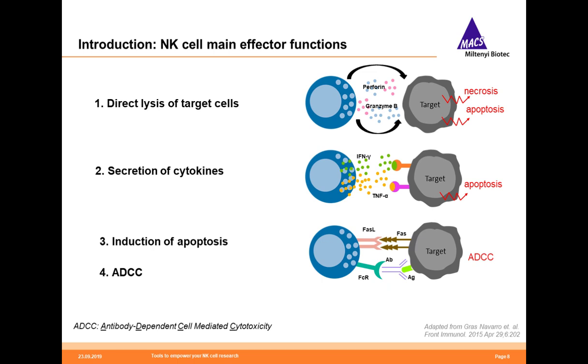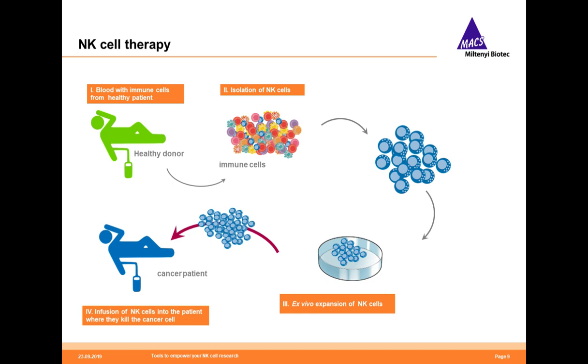In addition, NK cells are able to recognize antibodies that are already bound to target cells in a mechanism called antibody-dependent cell-mediated cytotoxicity. And this mechanism is used by a variety of monoclonal therapeutic antibodies that are already in the market.